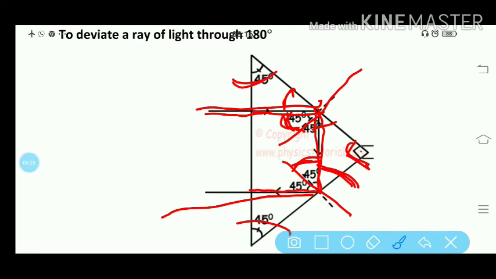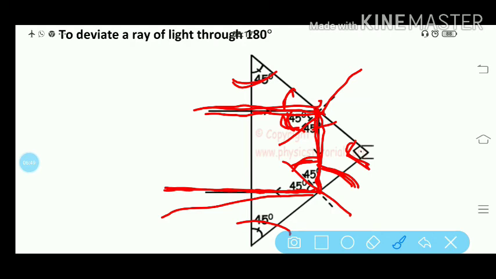So this ray will just pass out undeviated, straight from the prism. Hence the ray which enters into the prism just comes out with a deviation of 180 degrees. Yes, the deviation of the prism is 180 degrees.